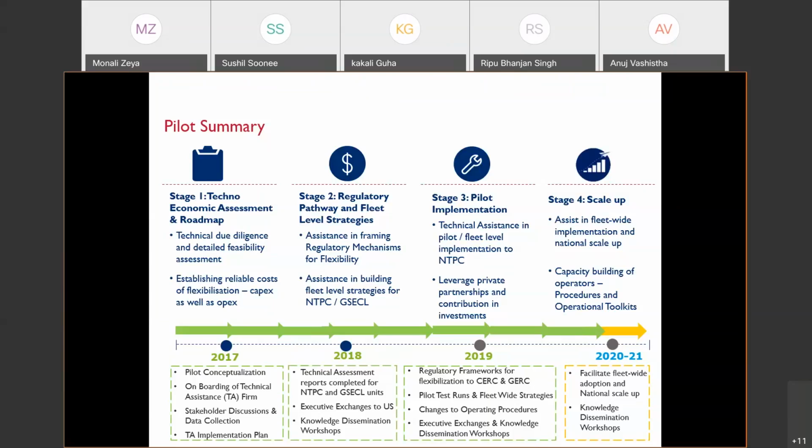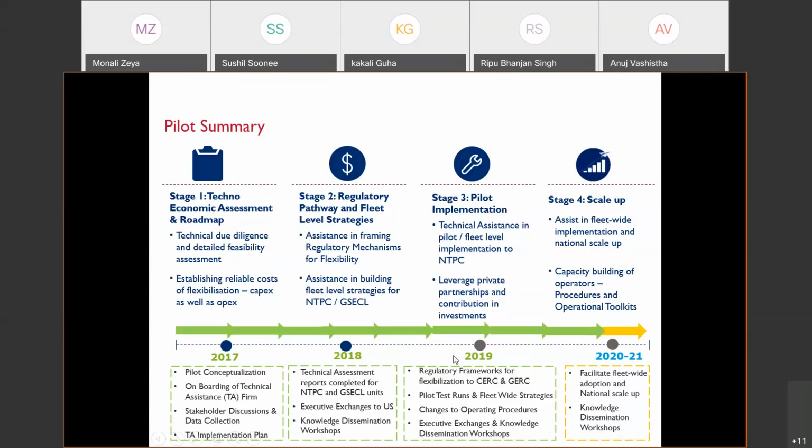This also gave us a very good learning experience on how the units are run, where they have been tried and tested for so many years.